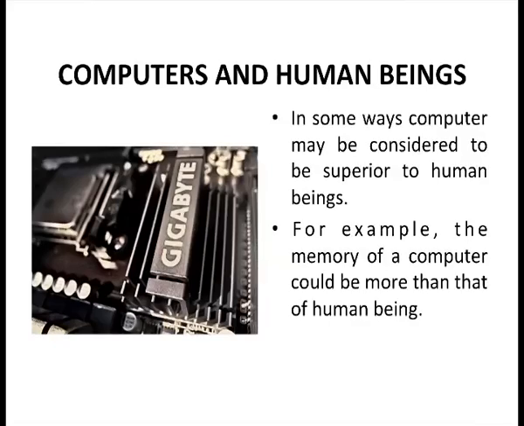In some ways, computer may be considered to be superior to human beings. For example, the memory of a computer could be more than that of human being. Further, computer can process a large number of variables simultaneously, that is also known as parallel processing.